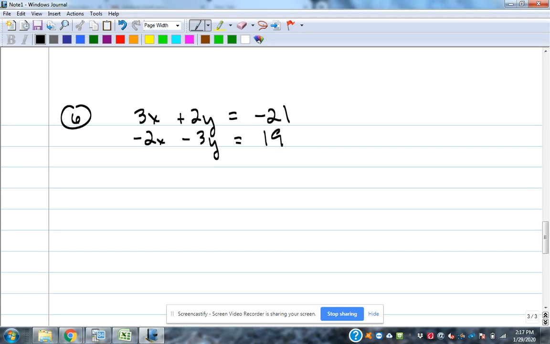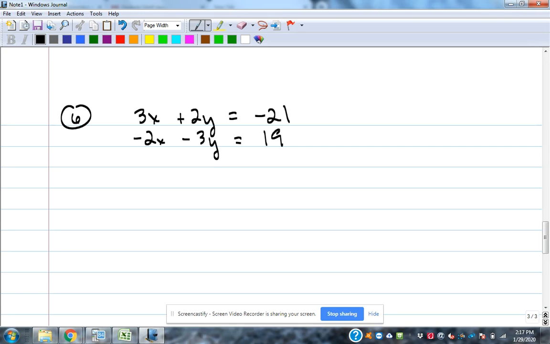You got 3x and negative 2x. Is there anything times negative 2 that'll get to 3? No, nothing like a nice number. So that's not going to work out good. Well, same thing happens on the y's. So I can't multiply one of the equations by something and get opposites.